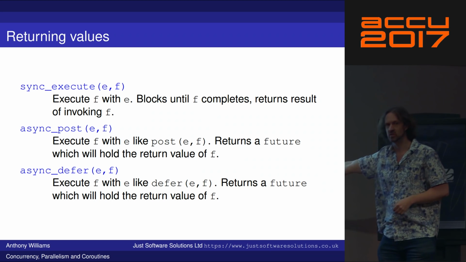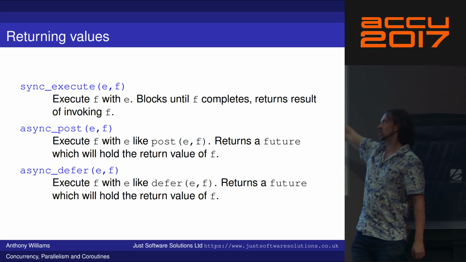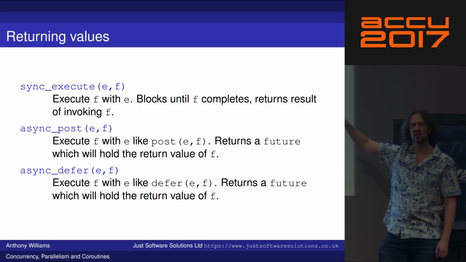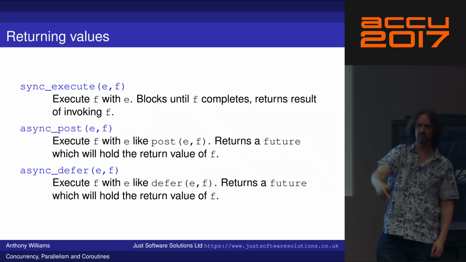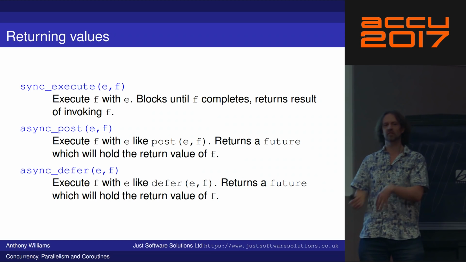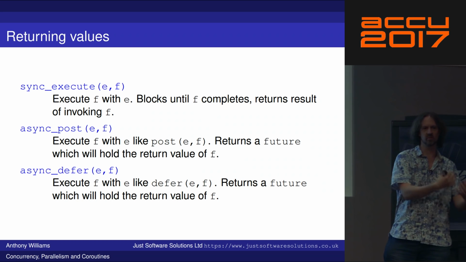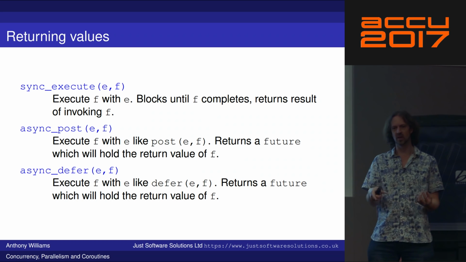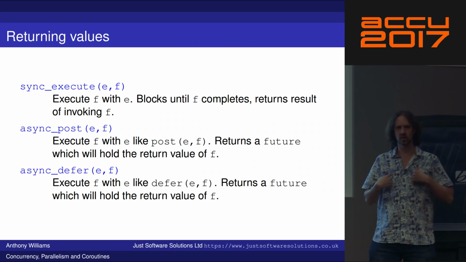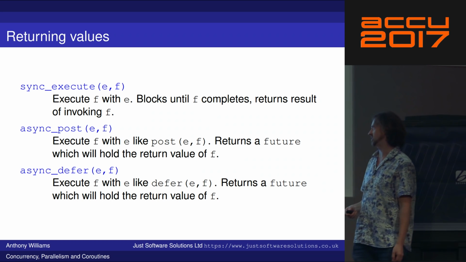These ones will allow you to return a value from your function. So sync execute says run it on the executor and run it now and then give me the value. Async post says run it on the executor and give me a future to hold the value. And then async defer is run it on the executor and give me a future to hold the value, but don't run it right now if I'm currently running a task on the executor, like defer does on the previous slide.